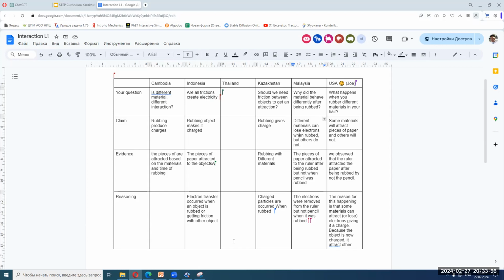Actually, I showed one third, just half an hour, but our lessons are usually 1.5 hours. So we are planning to divide into breakout rooms and give them a little more time for discussion, including watching videos explaining what's happening at the atomic level when you do these experiments.